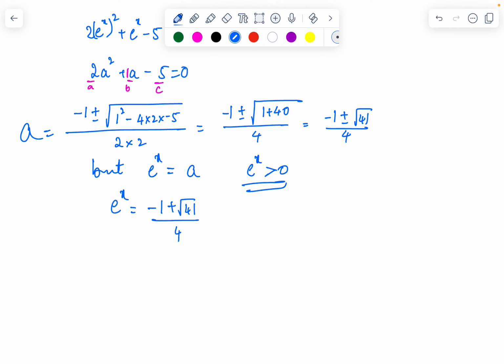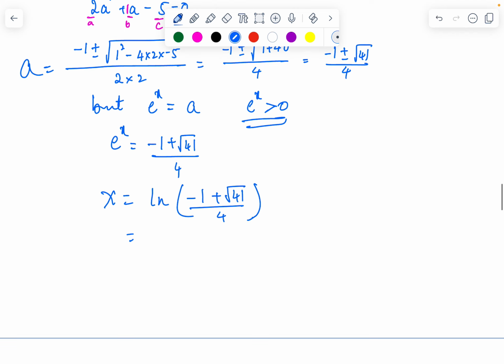I am putting ln on both sides. So x equal to ln of negative 1 plus square root of 41 over 4. When you put this in the calculator, your answer is going to be 0.03068.